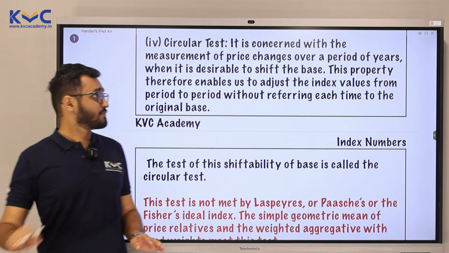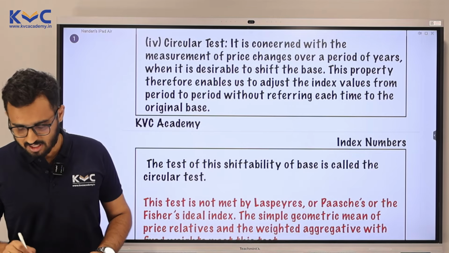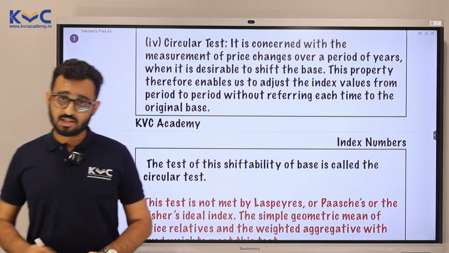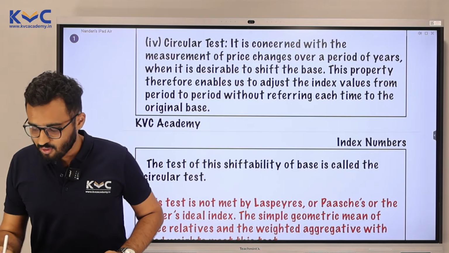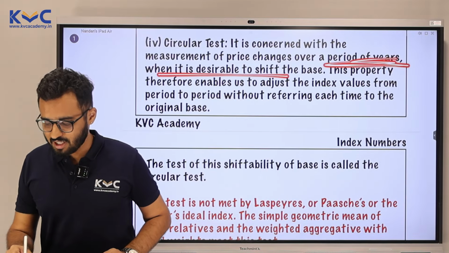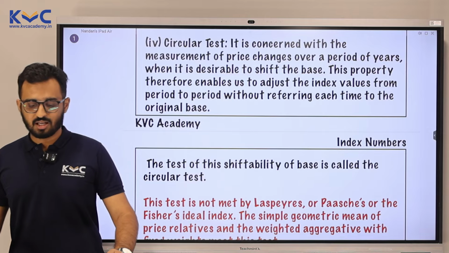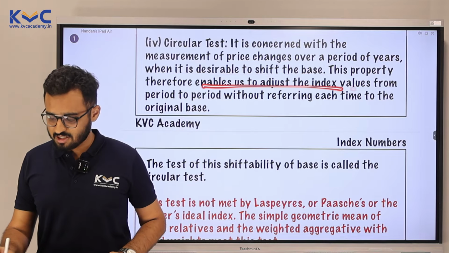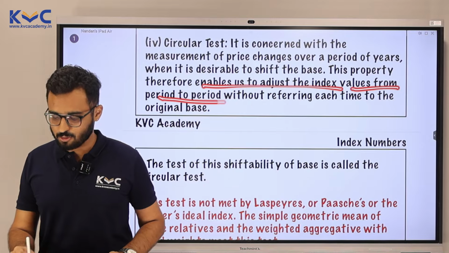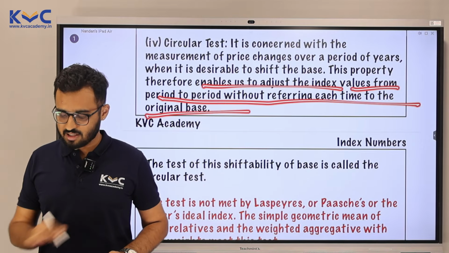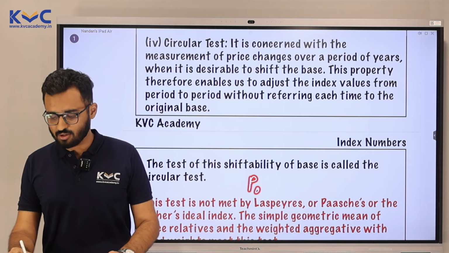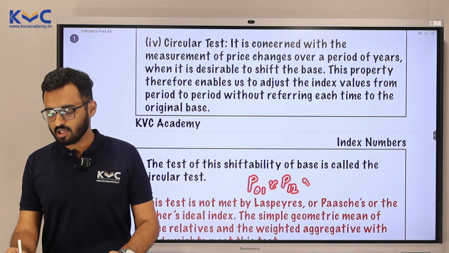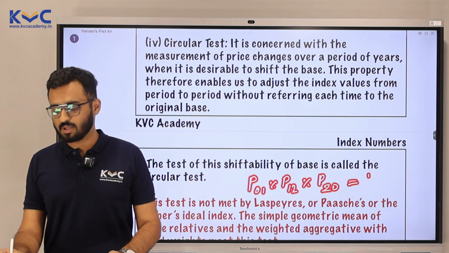Okay, then there is the fourth test called circular test. It is concerned with the measurement of price changes over a period of time when it is desirable to shift the base. This property therefore enables us to adjust the index values from period to period without referring each time to the original base. Okay, this in simple is P01 into P12 into P20 should be equal to 1.